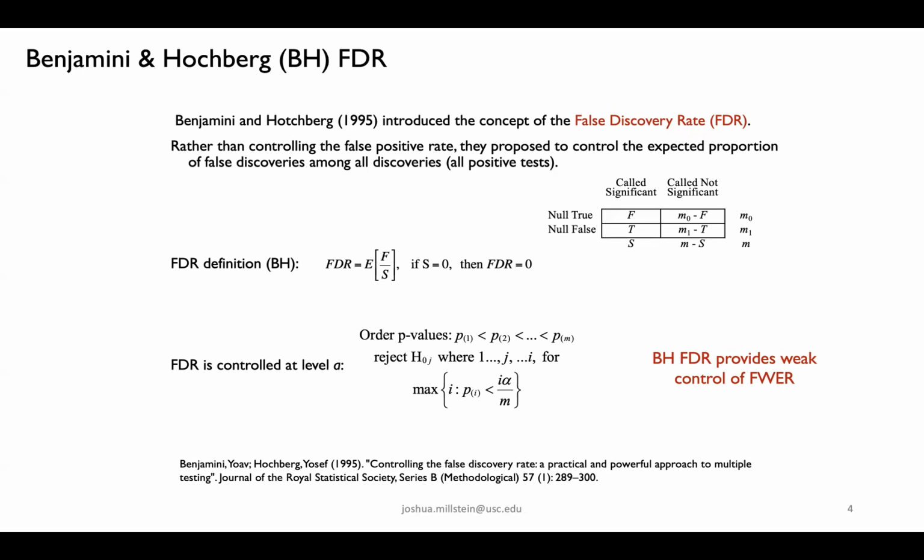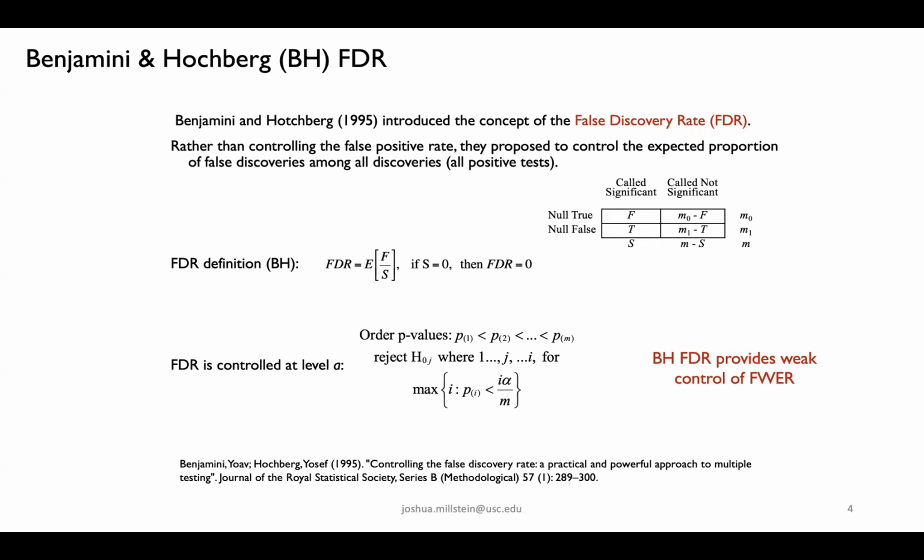Here we can describe the results of a study in terms of this table, where S is the total number of hypotheses that are called, that are rejected. So those are the total number of discoveries. F is the number of null hypotheses that are true among our discoveries, so those are the false discoveries, and T are the true discoveries, the number of false null hypotheses that we rejected.